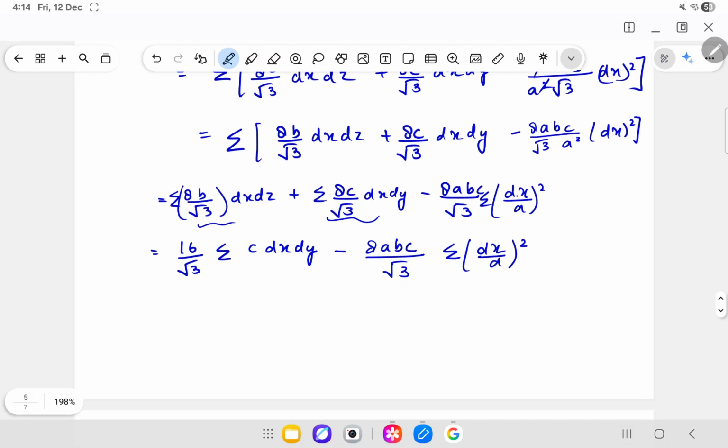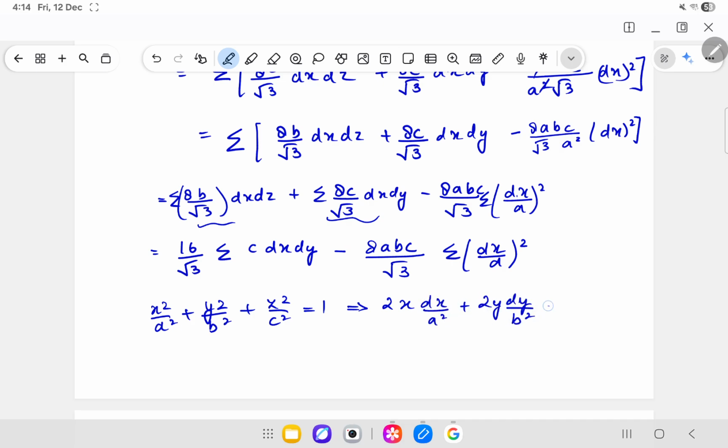But we know that x square by a square plus y square by b square plus z square by c square is equal to 1. So from here we'll get 2x dx by a square plus 2y dy by b square plus 2z dz by c square equals 0.